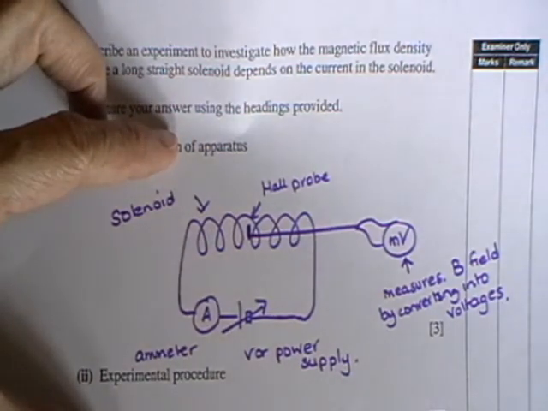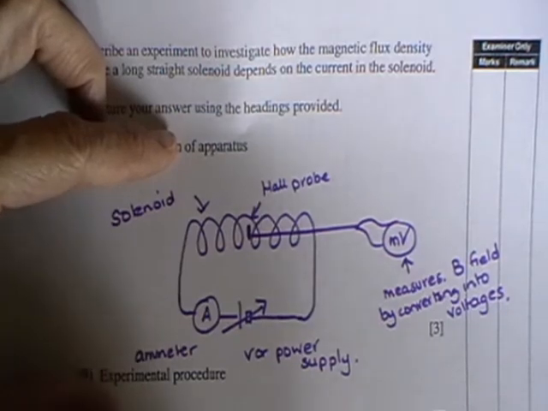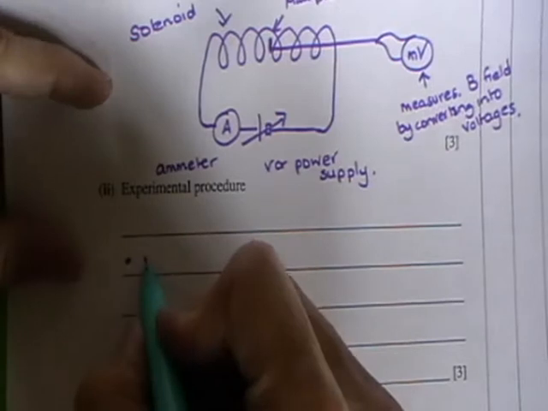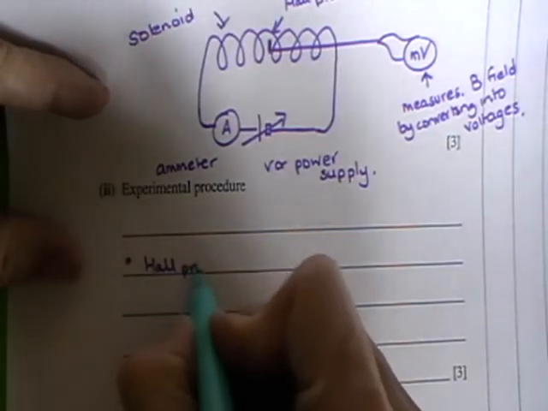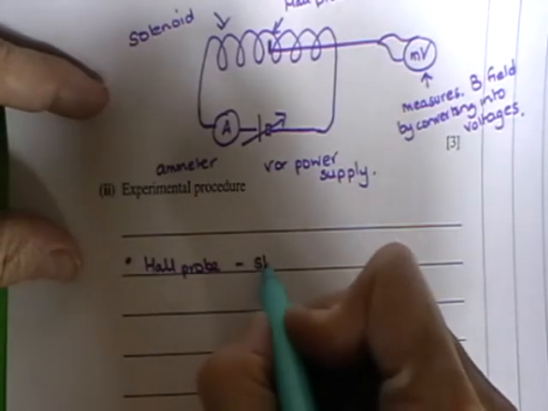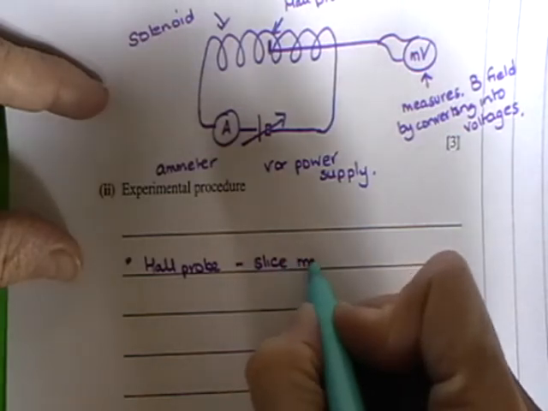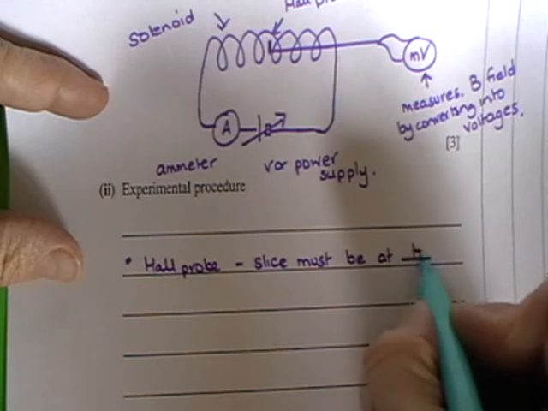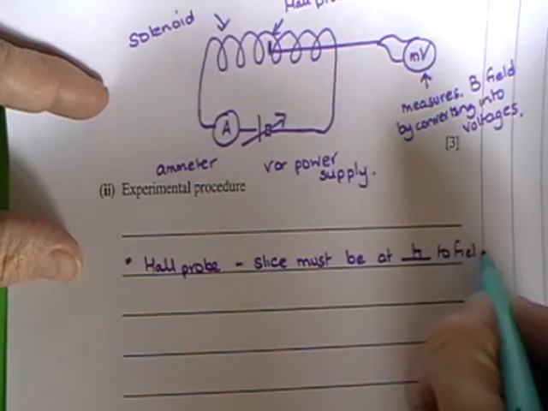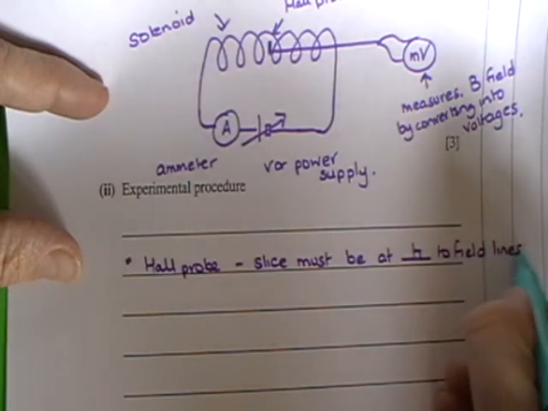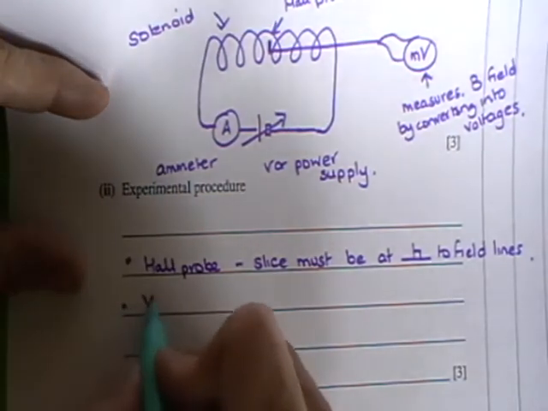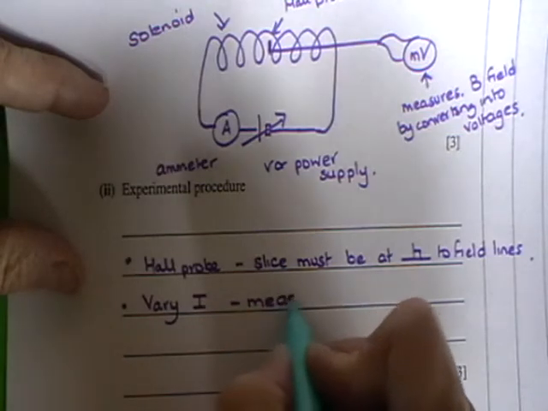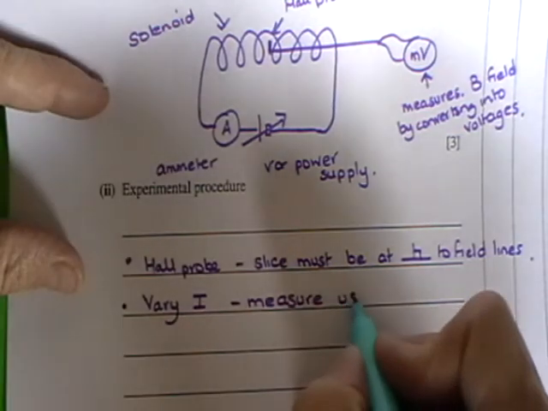Experimental procedure. The first thing is that you should say that your detector, which is your Hall probe, is correctly aligned: the semiconductor slice must be at right angles to the field lines. Then you're going to vary the current and measure the current using the ammeter.